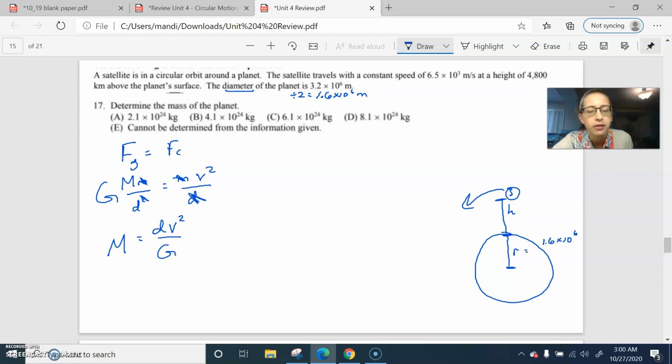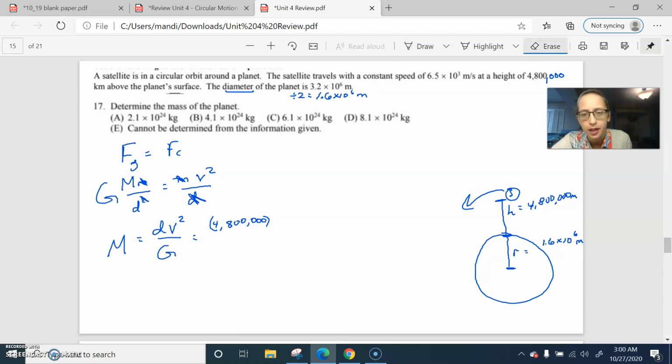And then this height above the surface, they give it to you in kilometers, so we need to add 3 zeros to make it meters. So it's 4,800,000 meters. So the distance, we have to do 4,800,000 plus, I didn't mean to close that parentheses, plus the radius of the planet.